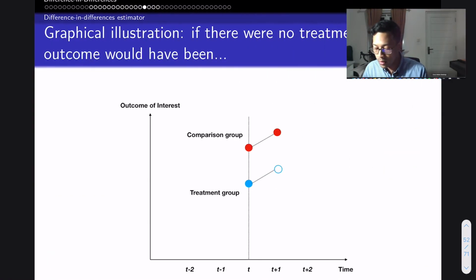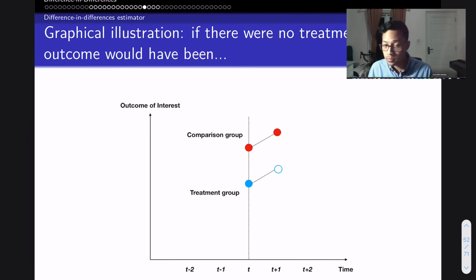Okay. So just to give you a better understanding of the concept of the DID, I think this particular graphic is going to provide you with that intuition. Now let's think of a counterfactual scenario: what would happen if there were no treatment? If there were no treatment, then the outcomes of the treatment and the control group are going to be similar.